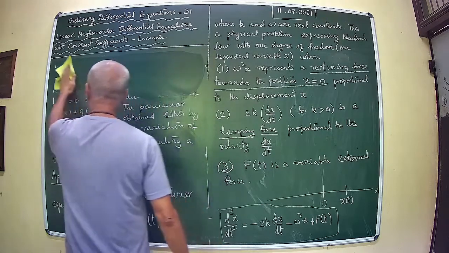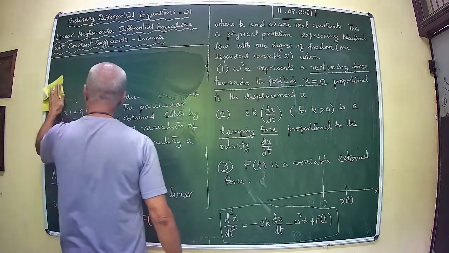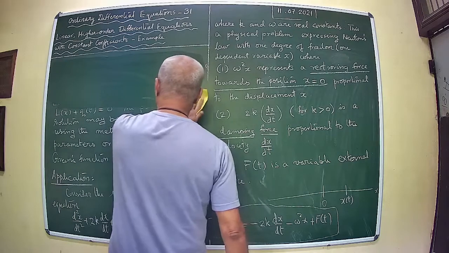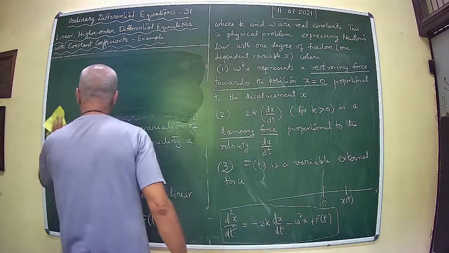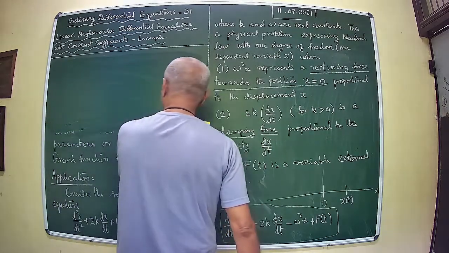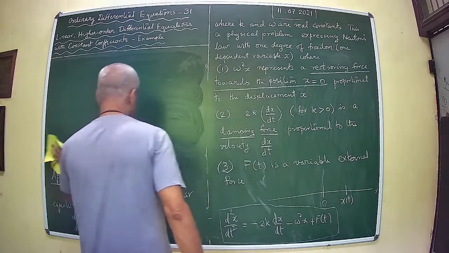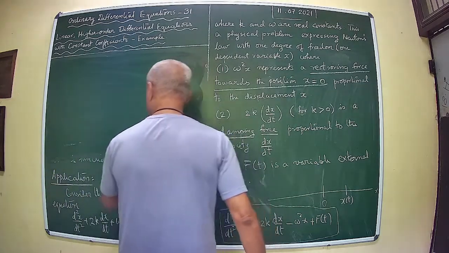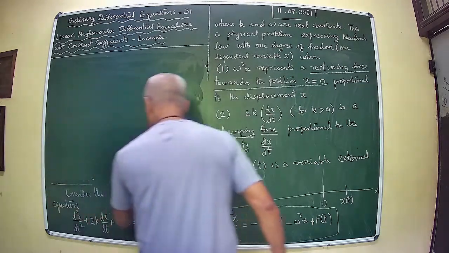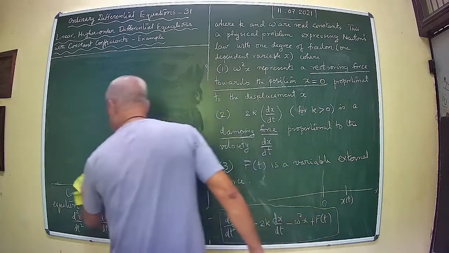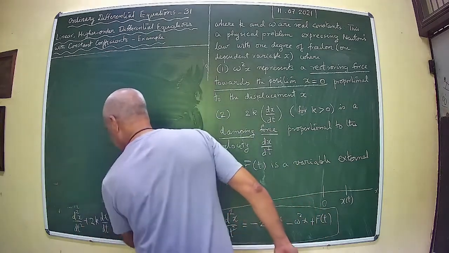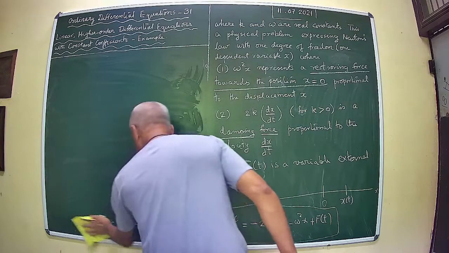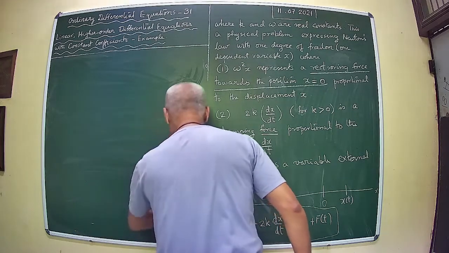Now this leads to what is called an ordinary differential equation with constant coefficients, which is linear, and therefore whatever we have done so far is applicable here, and we can make use of that and see what comes out. Okay, let us do that now.